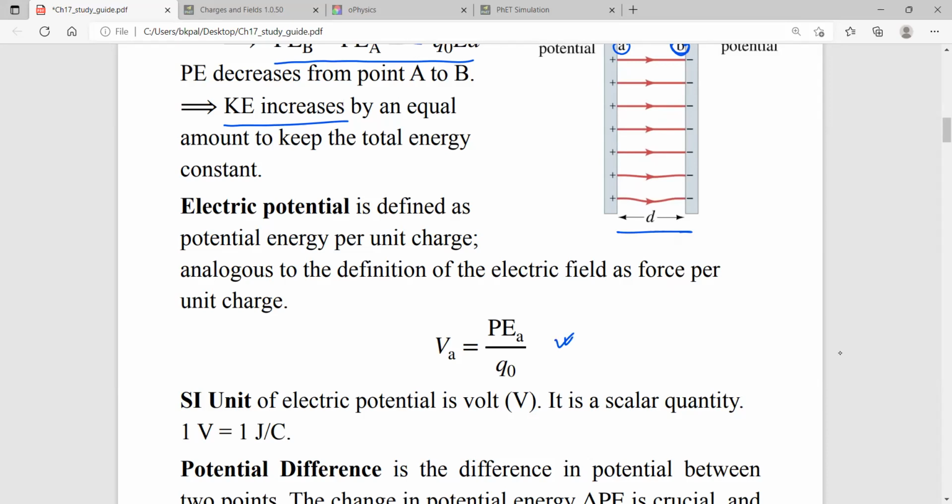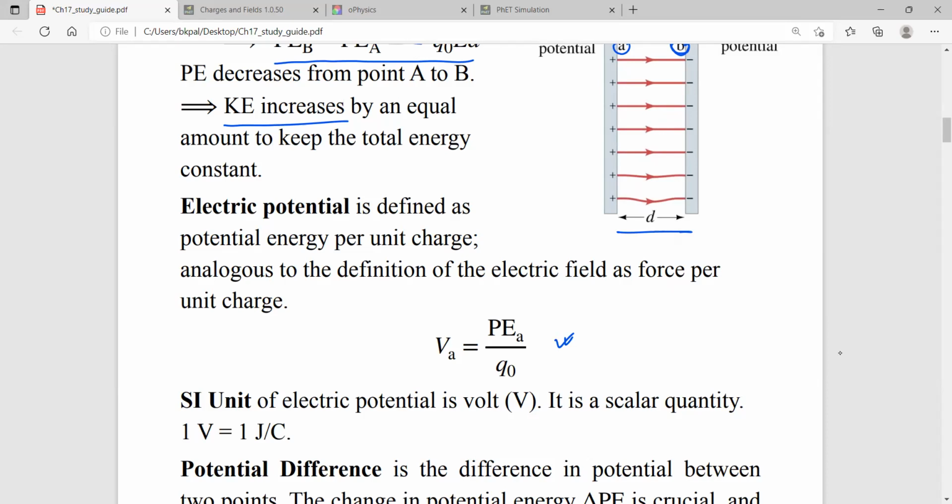It's basically the volt. From later chapters, we will be using less potential but more volt, or voltage. So the potential is related to the volt, or voltage. V at point A is equal to the potential energy at this point divided by the test charge.